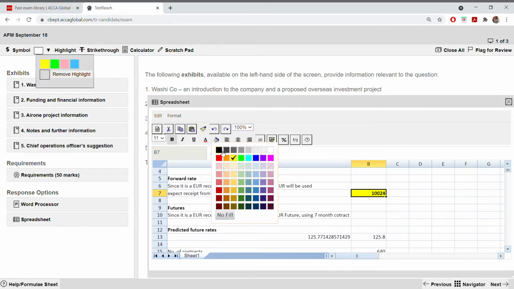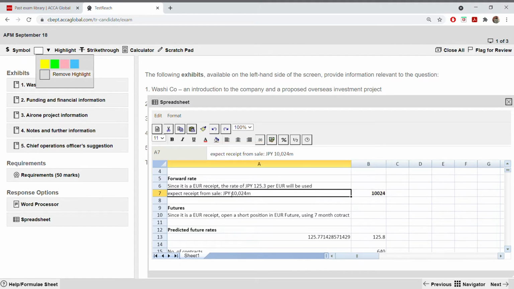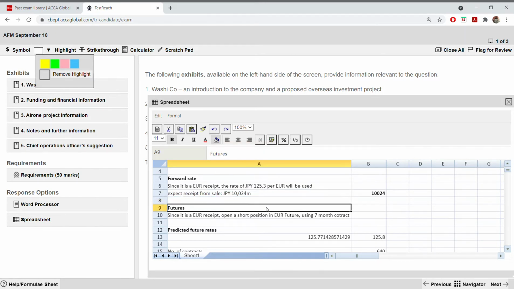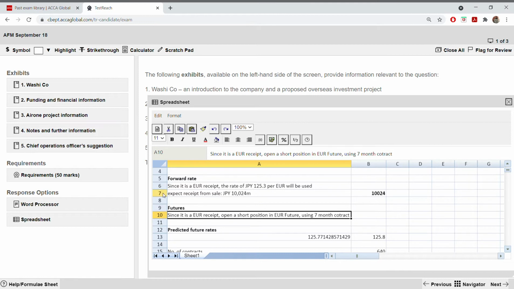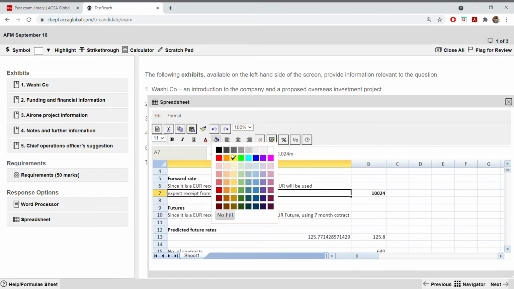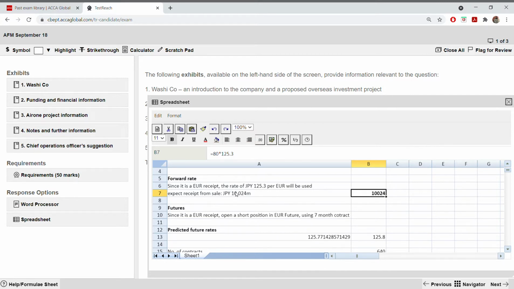I'm not able to put it in this cell, let me copy paste this somewhere.